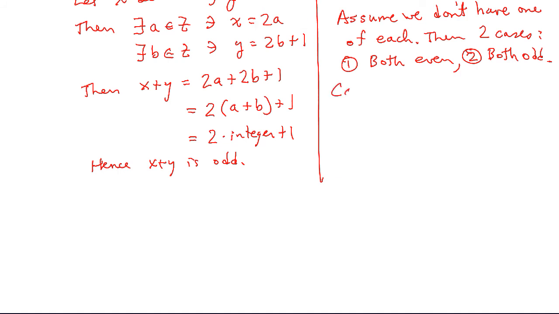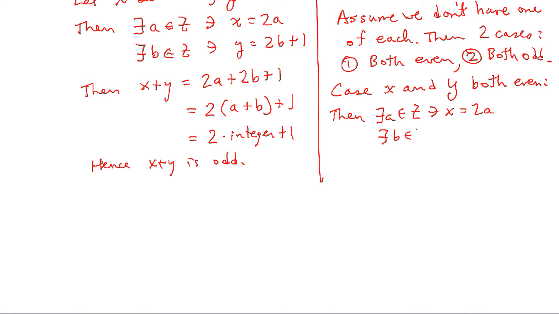So case: x and y are both even. And you're going to see what I do is simply repeat this business of coming up with the a and the b and adding the 2 together and showing that it all works out. Then there exists an a that's an integer such that x is 2a, and there exists a b which is an integer such that y is 2b.